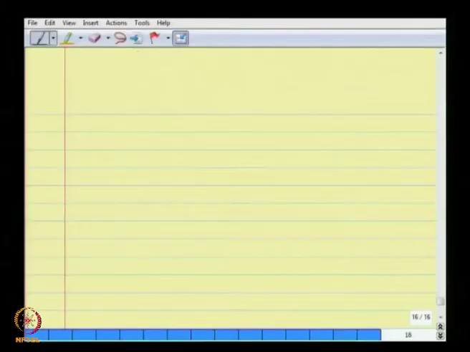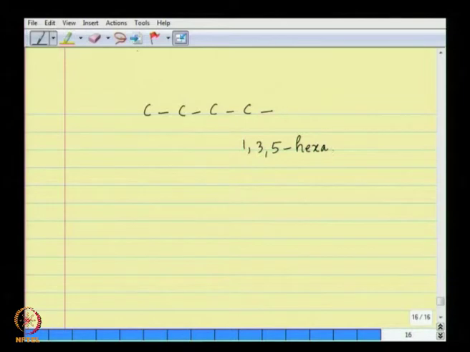Okay. Now since we are running out of time, I am going to write the linear chain 1, 3, 5 hexatriene very quickly and leave you with the electron density sort of homogenized.